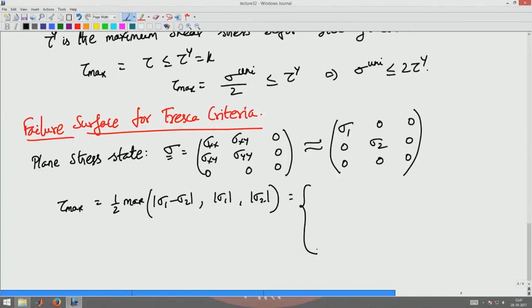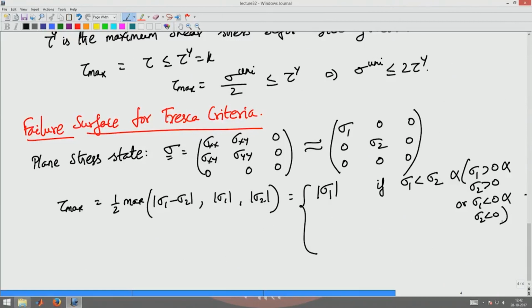This will be equal to the absolute value of sigma 1 if sigma 1 is greater than sigma 2, and sigma 1 and sigma 2 are both greater than 0, or both less than 0.